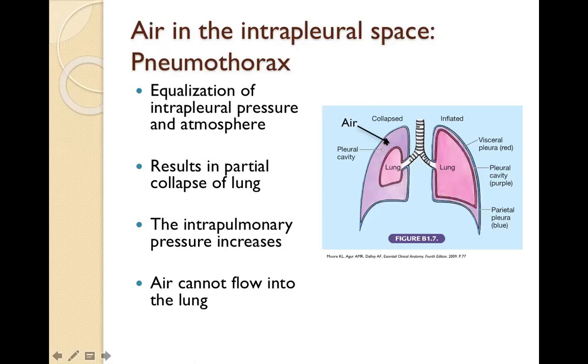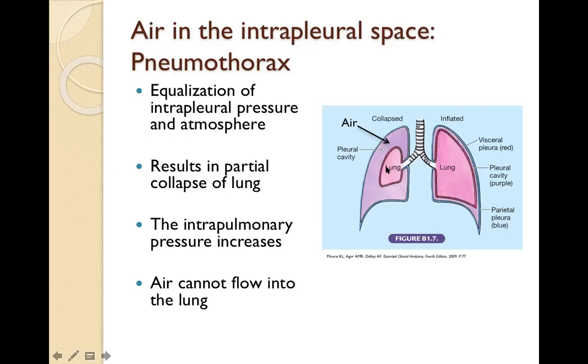That's very bad. If air gets into that intrapleural space, the atmospheric air is now going to push on the lungs, and there's going to be a force trying to make the lung recoil even more because that air has atmospheric pressure.